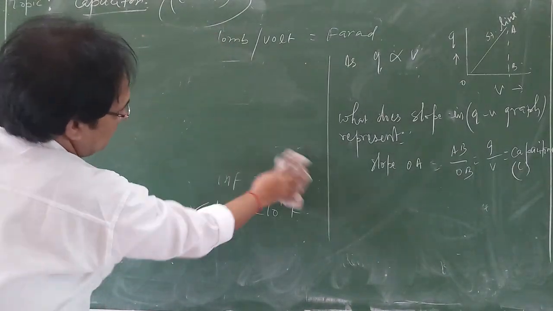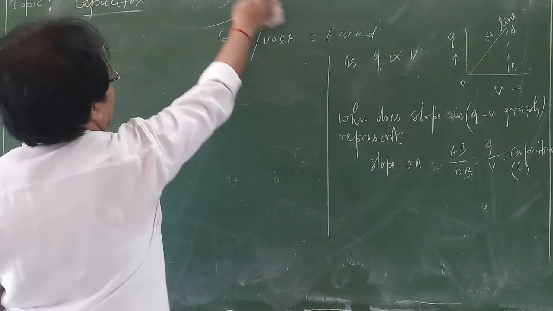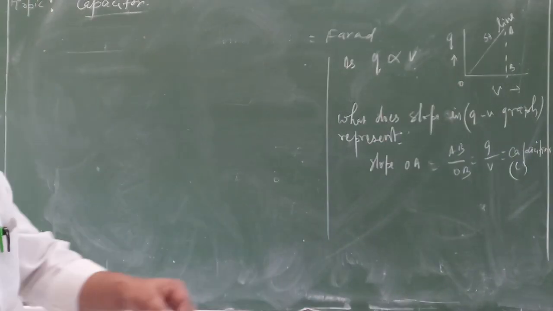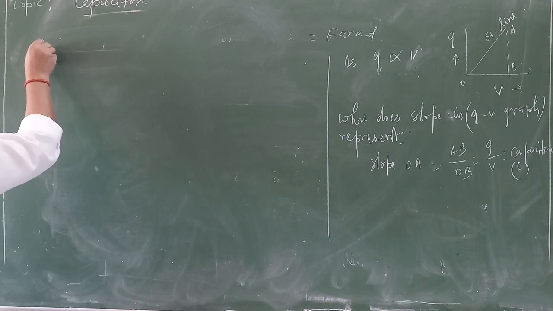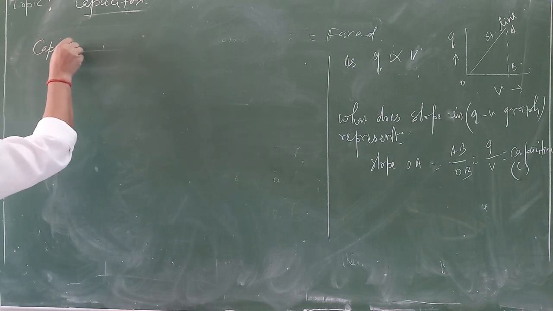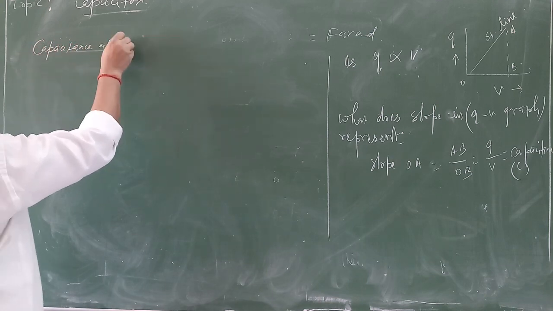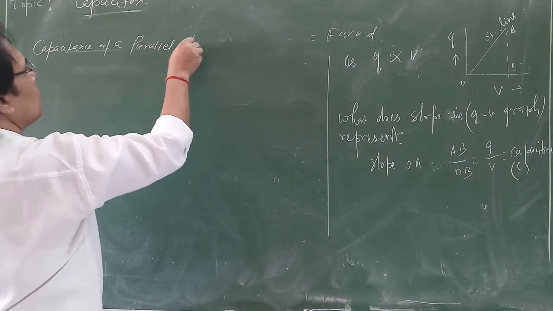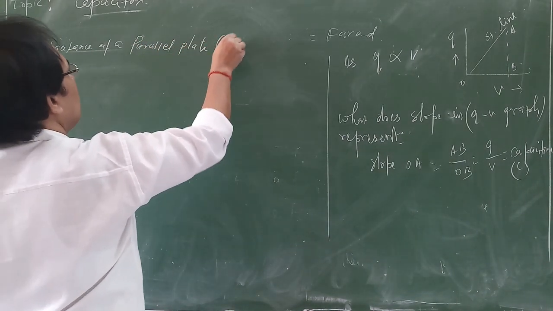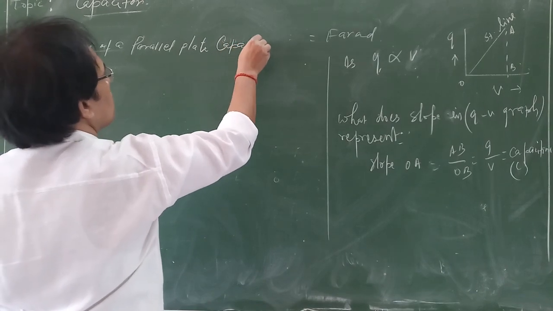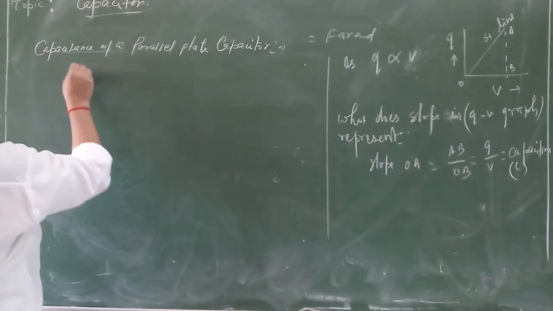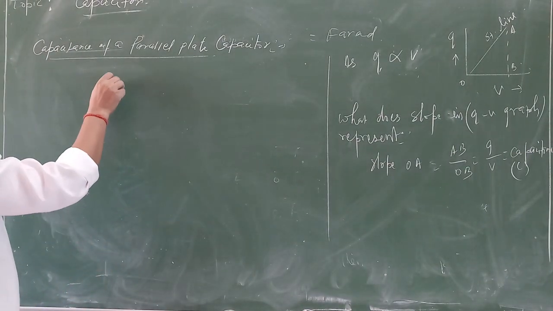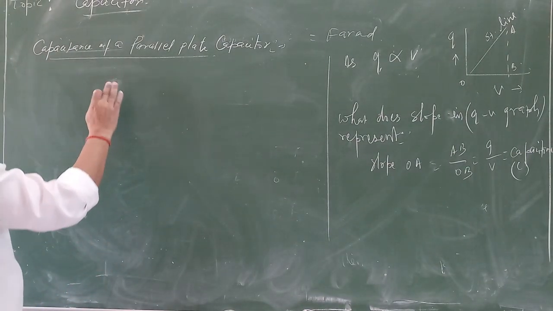Now next is the capacitance of a parallel plate capacitor. A parallel plate capacitor is represented by two parallel lines.